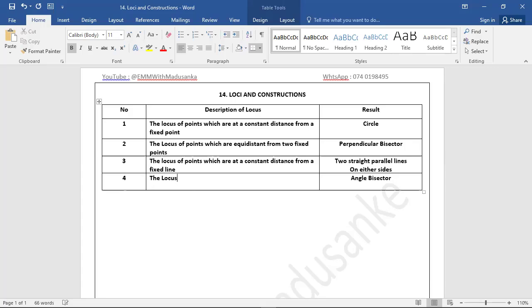The locus of points equidistant from two intersecting straight lines.